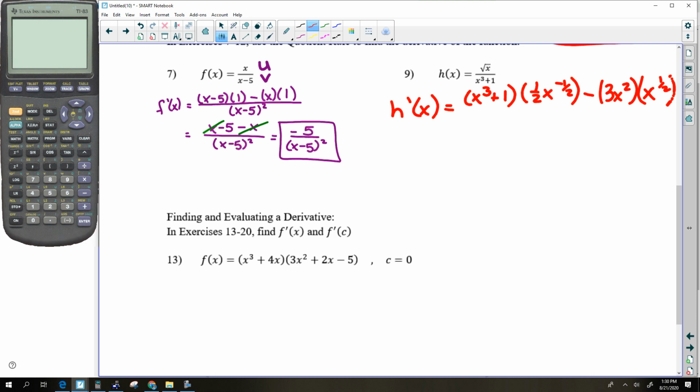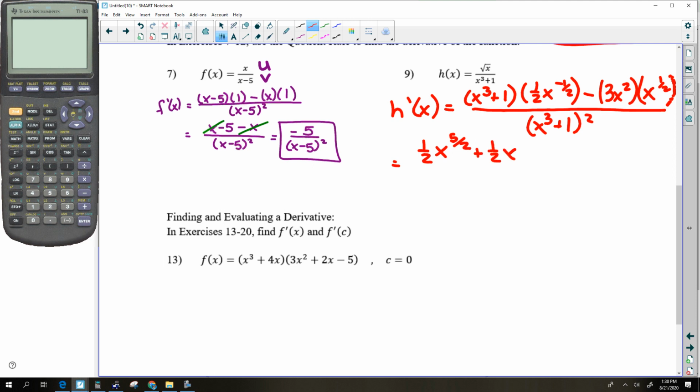Okay, bottoms up, square root the top and then the other, with the denominator squared. So I do probably have to clean up this numerator here just a little bit. Gravy. So ugly mathematics.